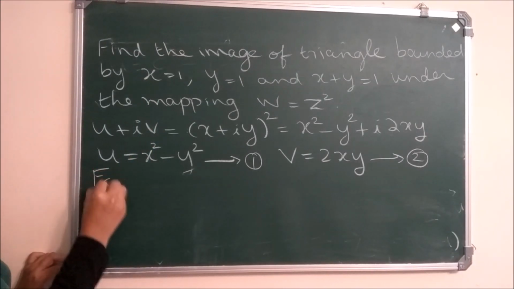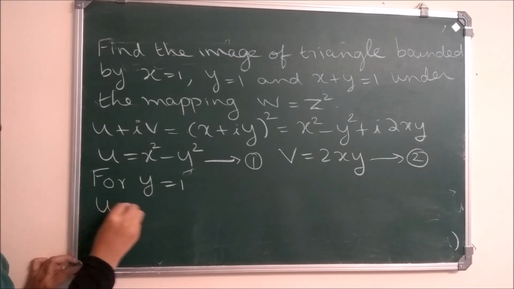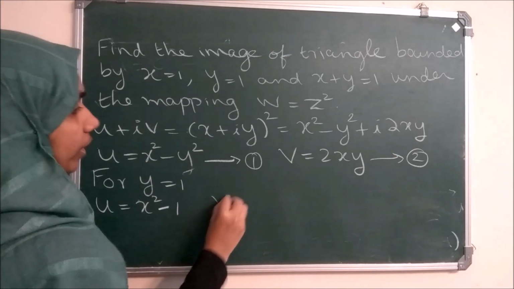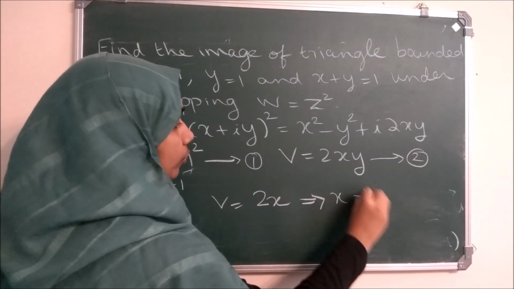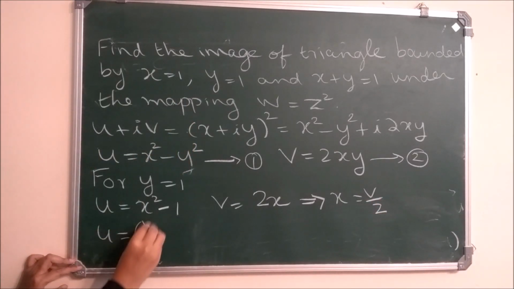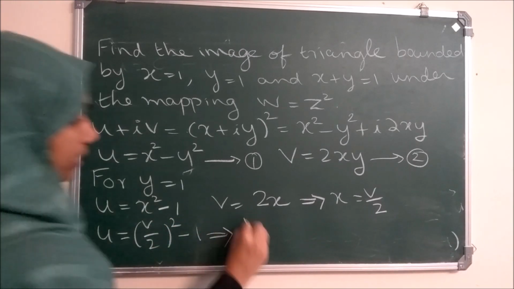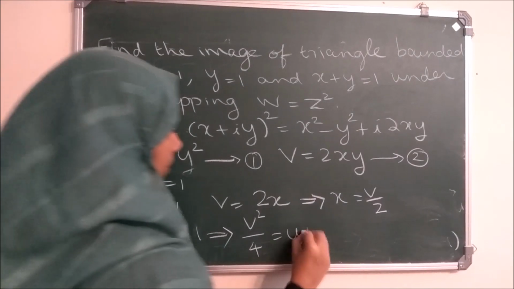For Y equal to 1, we can apply the same method. So U equal to X square minus 1 square and V equal to 2X. So from here X equal to V by 2. So you can see that U is equal to V by 2 the square minus 1, which implies V square by 4 is equal to U plus 1.